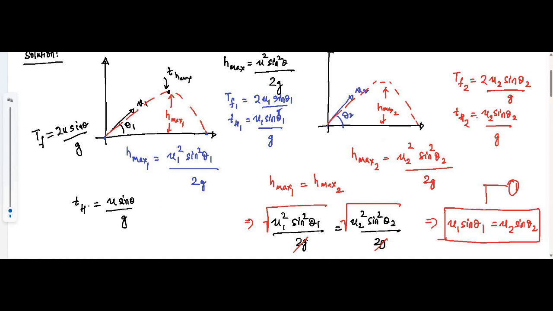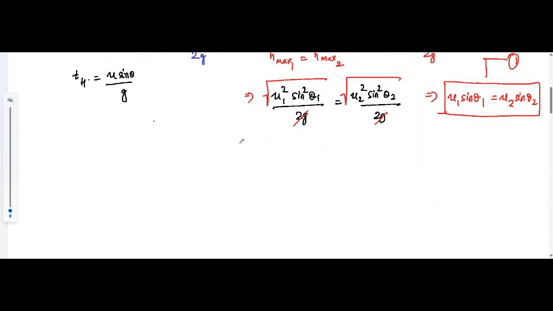So it means the time of maximum heights for both the projectiles will also be the same, because g is constant in the denominator. Here TH1 is u1 sine theta 1 by g and TH2 is u2 sine theta 2 by g.